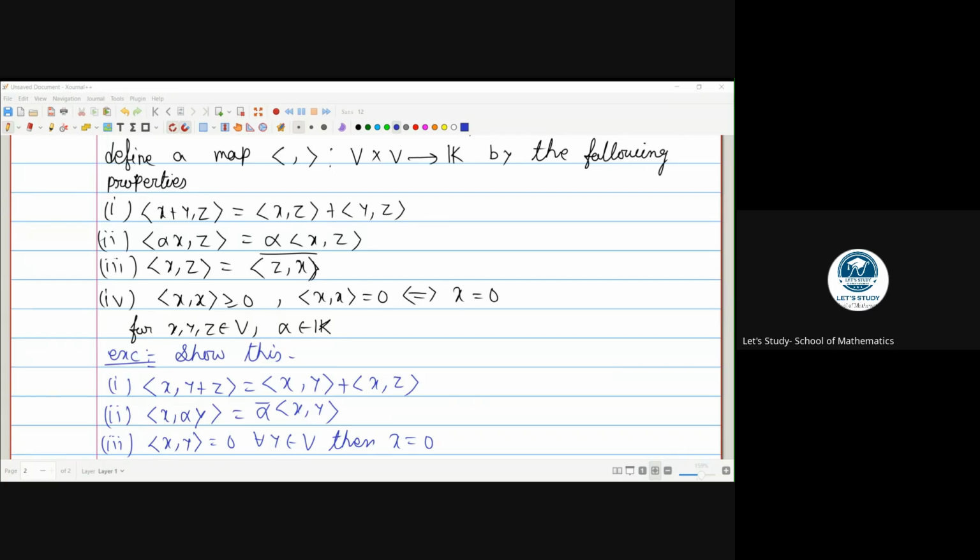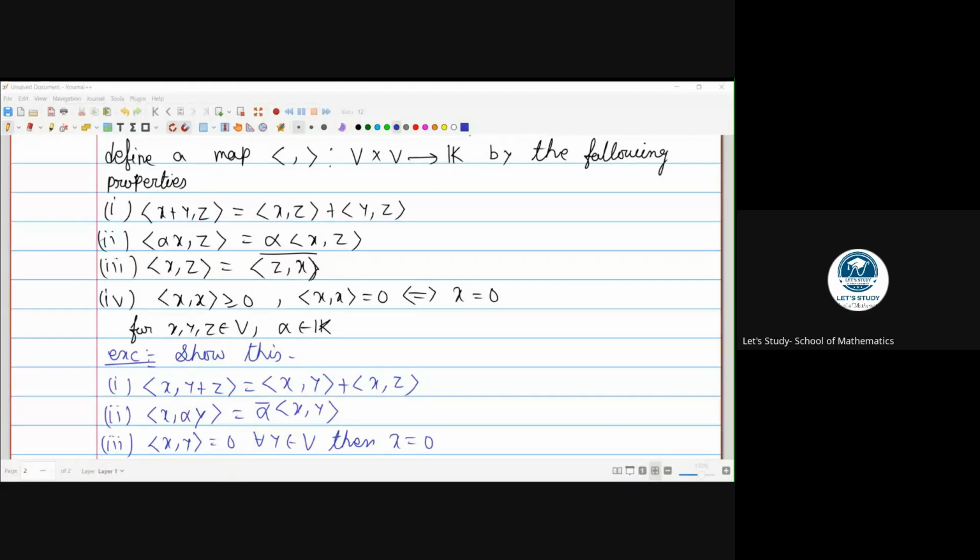Has anyone tried this? Yes. How have you done this? First one, change the order of y and z to the first place, then take the conjugate, then use linearity. Whatever you have used, x comma y plus z equals the conjugate of y plus z comma x, right? Yes.